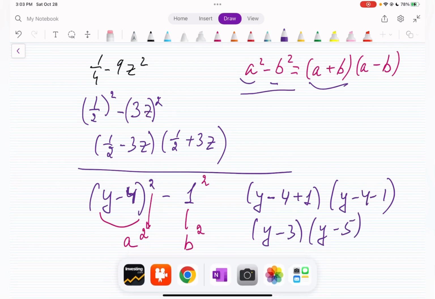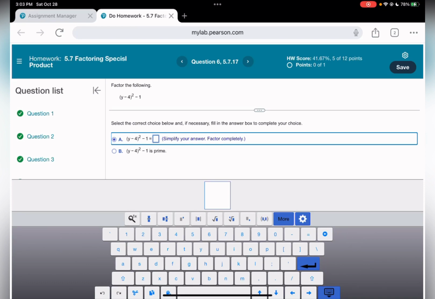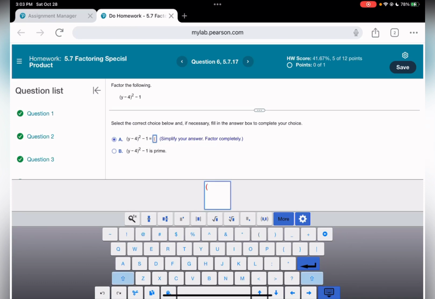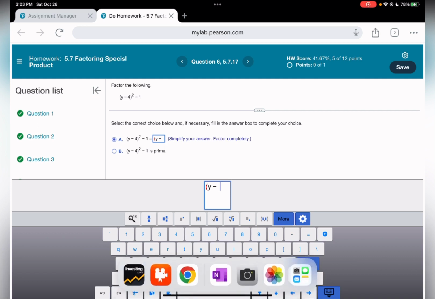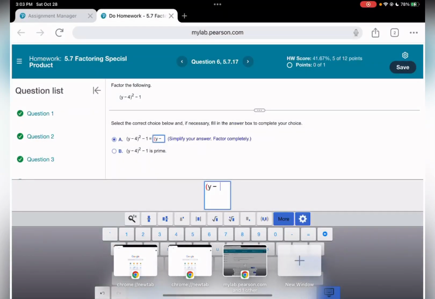Okay, let's write down. Parenthesis. Y minus, what was that? 4 or 3? 3 and 5, okay. Minus 3.